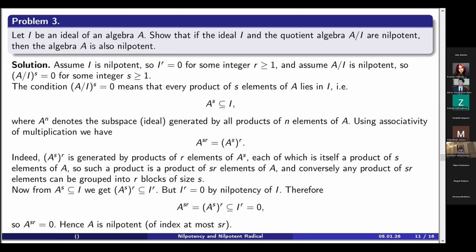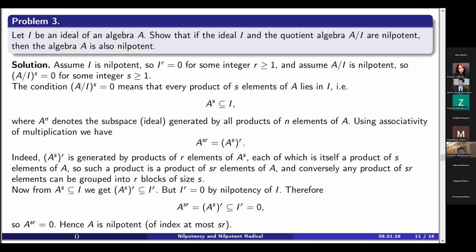Assume I is nilpotent, so I to the power of r is equal to 0 for some integer r greater than or equal to 1. And assume A/I is nilpotent, so (A/I) to the power of s is equal to 0 for some integer s.